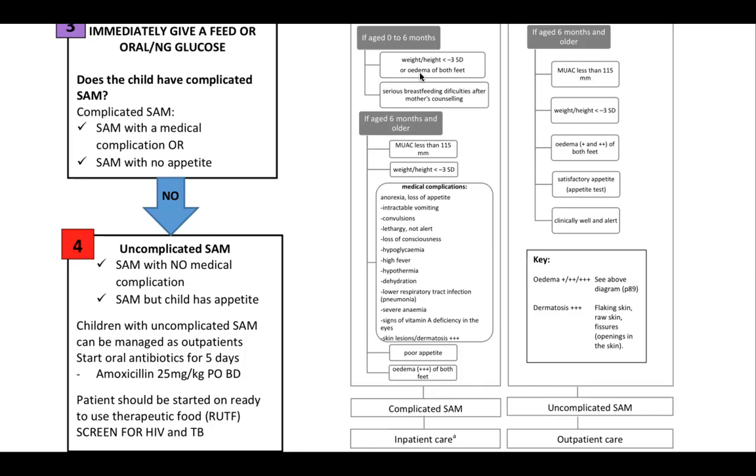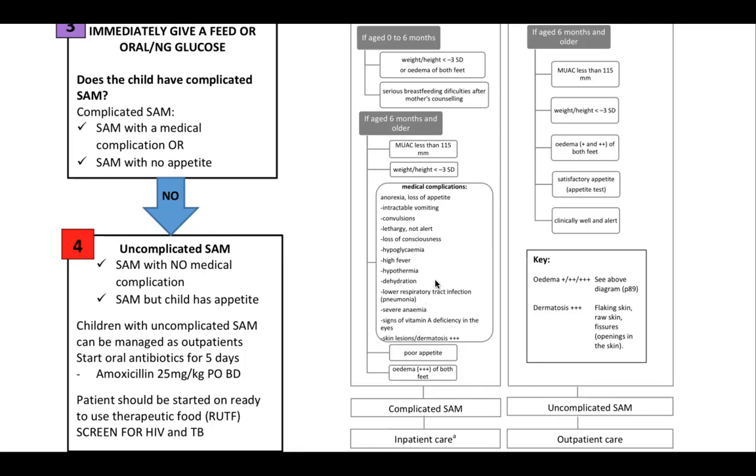For age 6 months and older, MUAC less than 11.5, weight for height less than -3 standard deviation, with the medical complications of anorexia, vomiting, convulsion, lethargy, loss of consciousness, hypoglycemia, high fever, hypothermia, dehydration, pneumonia, severe anemia, vitamin A deficiency, and skin lesion.